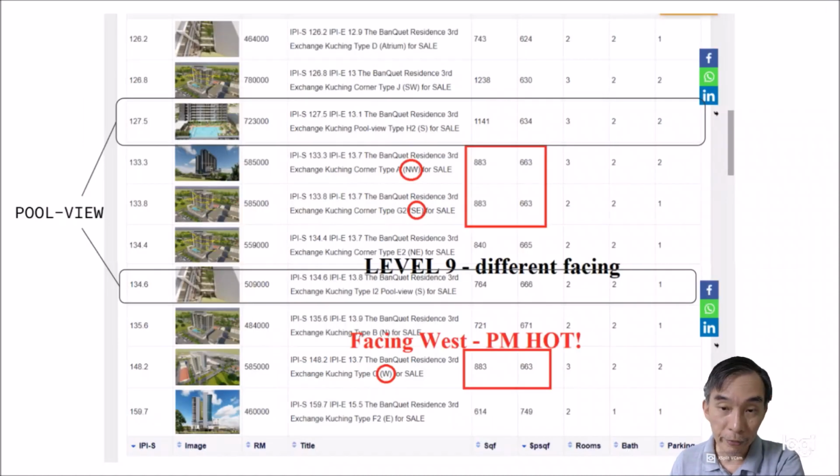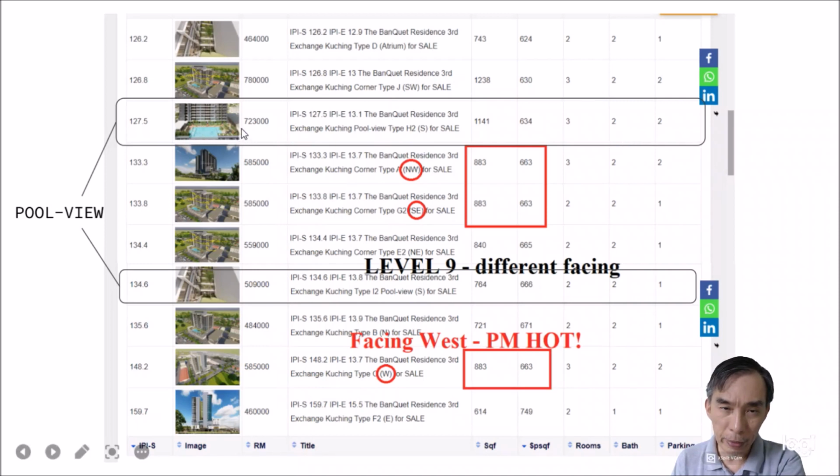So this is level 9 facing different angles, and they of course include the pool view just now, which is the two units, 127.5 and 134.6. So now if you see that pool view is a benefit, then it should be of higher price.